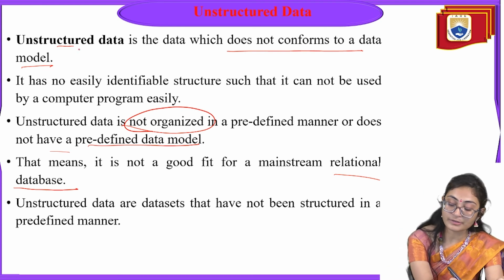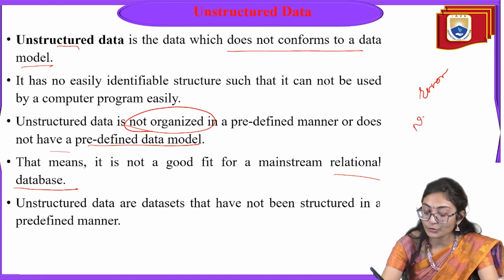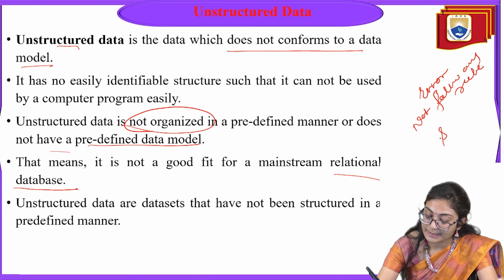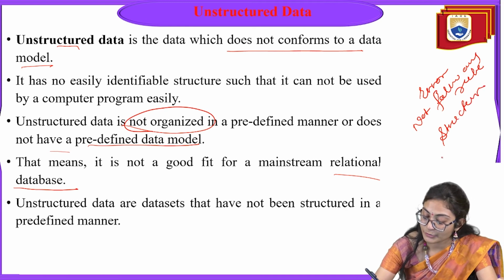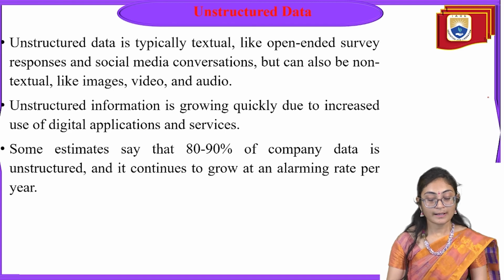That means unstructured data can contain some errors, and it will not follow any rules. It would not contain any structure also. That's why we can say it is unstructured data. It is always in unorganized format.